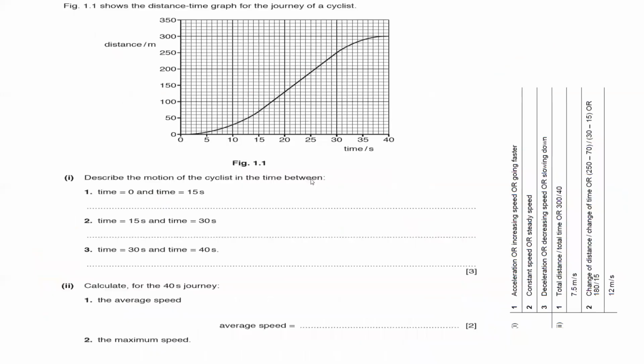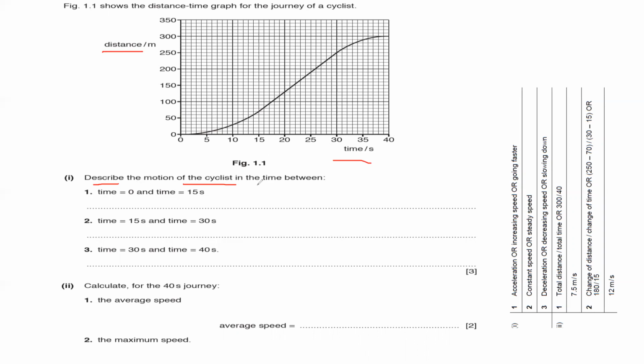Okay, moving on to another question. It's a distance-time graph, and I told you when a distance-time graph is there, we normally use the terms speed and acceleration. In the question, the first part: describe the motion of the cyclist. This is a distance-time graph for the journey of a cyclist.